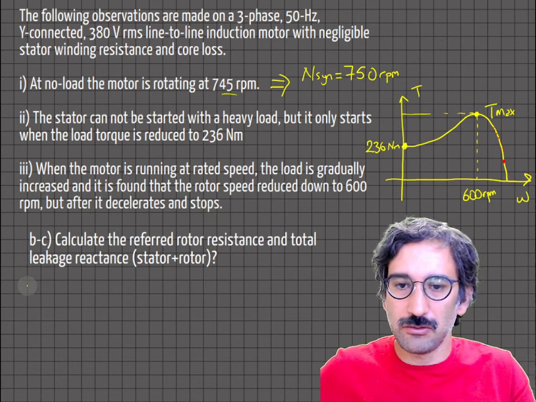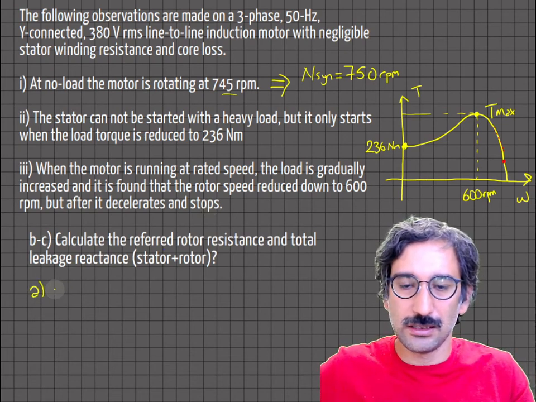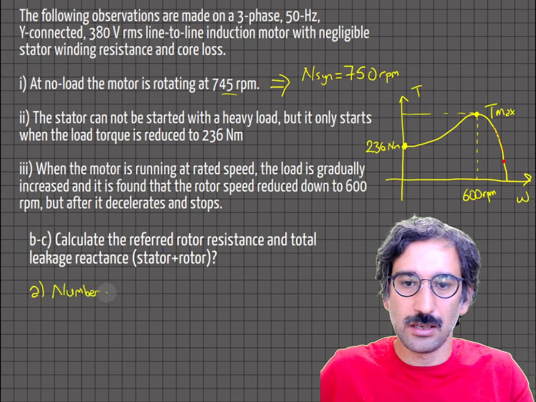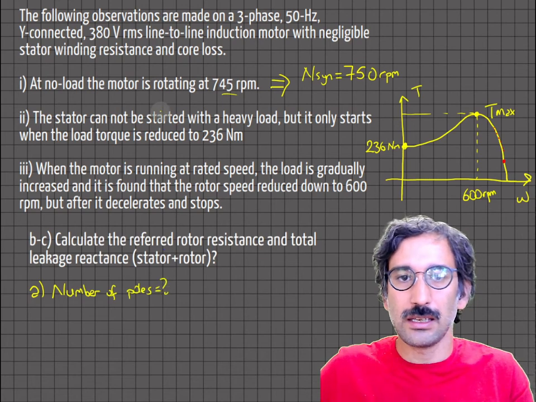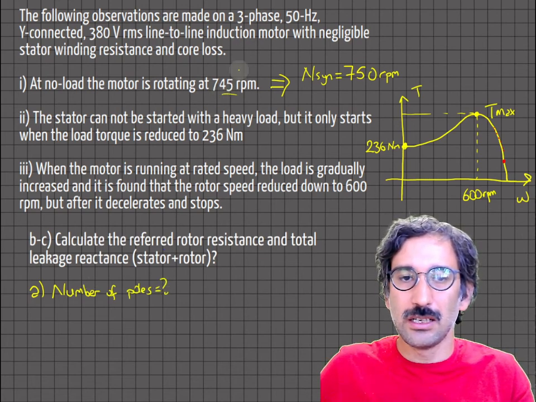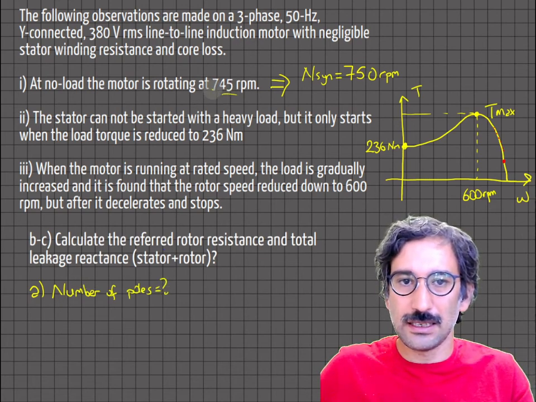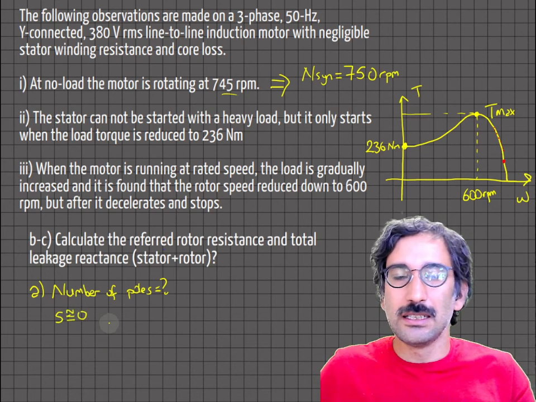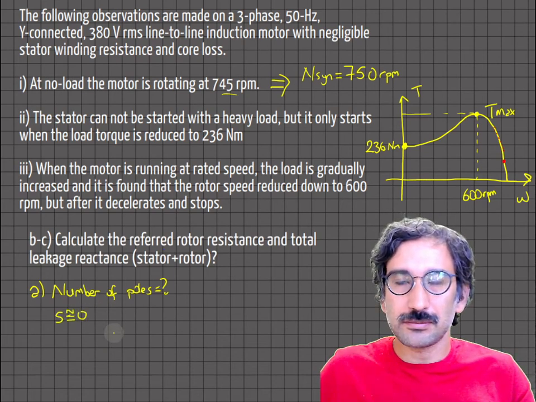In the first question, again, I didn't write it here, but what is the number of poles? At no load it was rotating at 745 rpm. So the slip should be 0, but probably there is slight friction or that kind of losses.